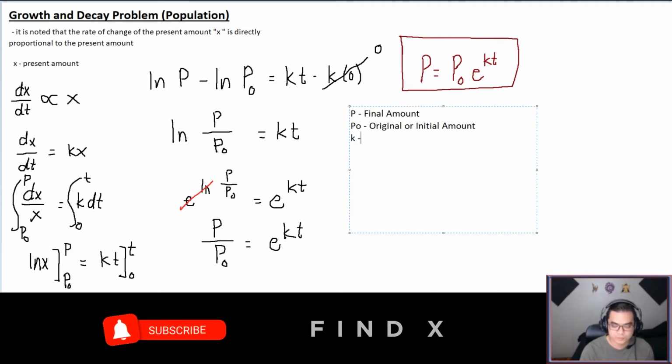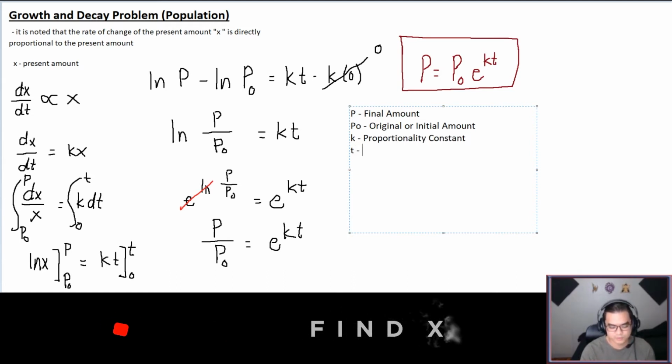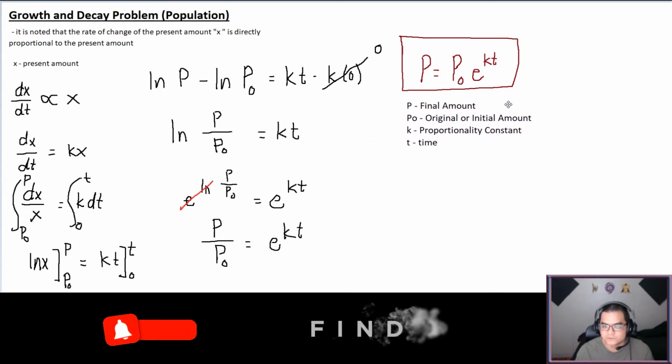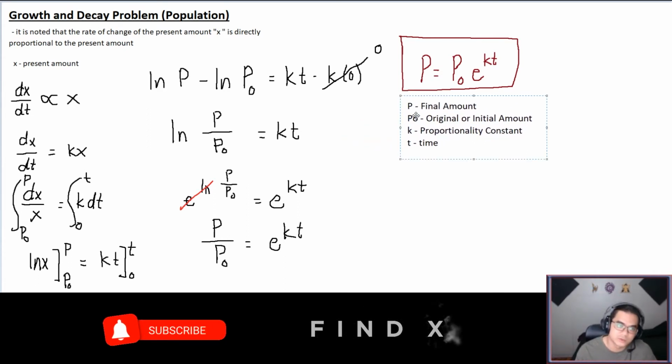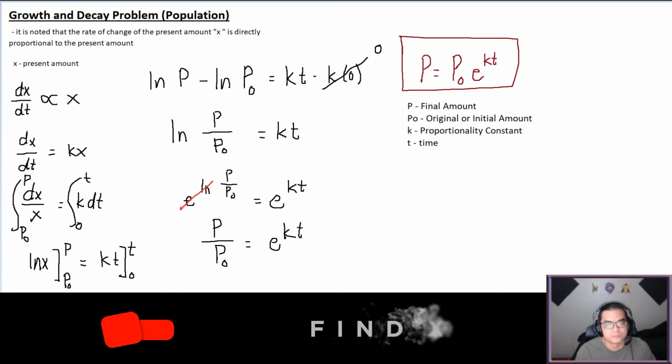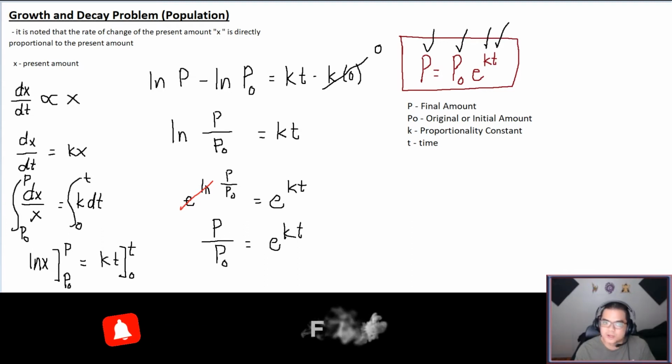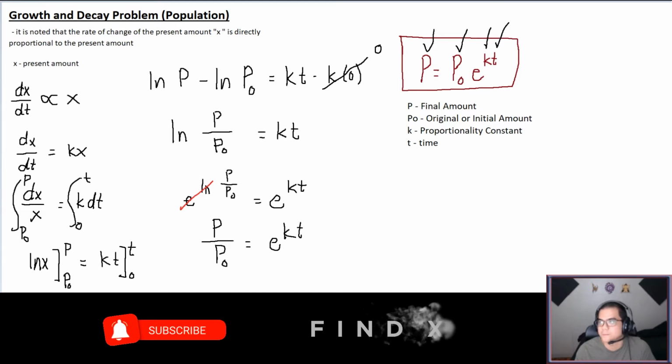K is your proportionality constant. And then of course t will be your time. So that will be the derivation and the formula for the growth and decay problem and population problem. With that, let's proceed to the sample problems.